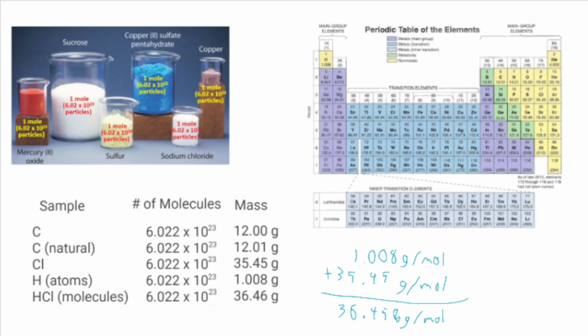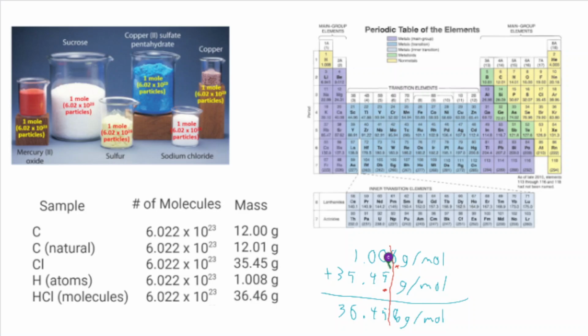And one other thing we have to keep in mind here is oftentimes we need to worry about significant figures. So whenever we're adding, our significant figures for hydrogen is the last digit recorded, so that 8. So we'll go down to that 8, and then if we look at the chlorine, we'll go down to the 5. So when we're adding for significant figures, you're limited to whatever your least precise number is, or the significance of that decimal place.